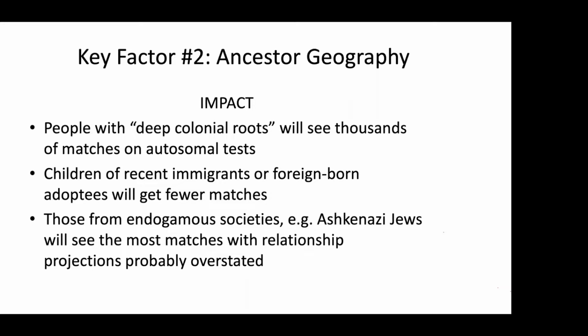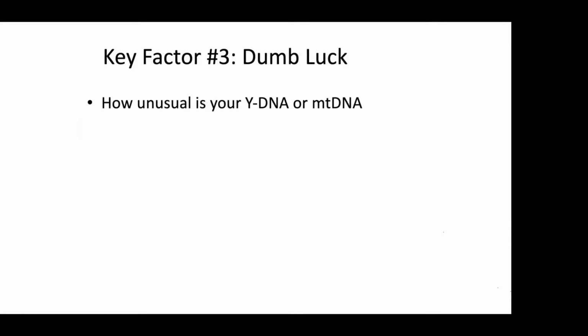They have just as many cousins as the people with deep colonial roots, but most of their distant cousins are not in the US and are not taking these tests. People from endogamous societies, for example, Ashkenazi Jews, will see the most matches, and the relationship projections will probably be overstated because they share DNA from a lot of common ancestors.